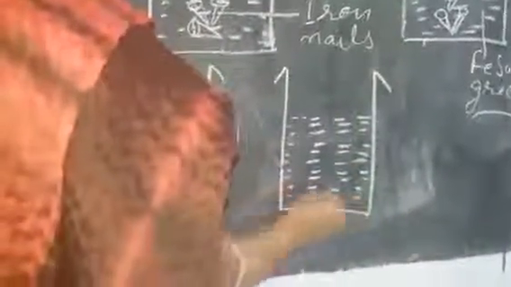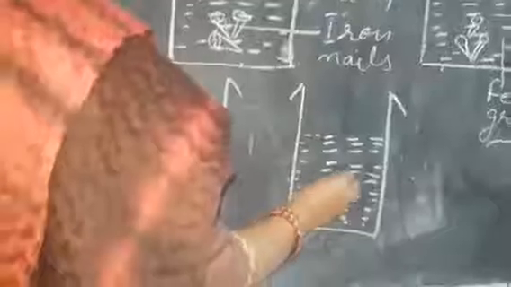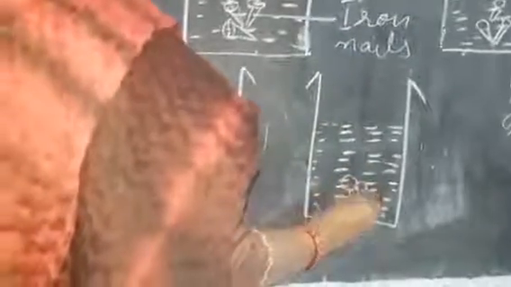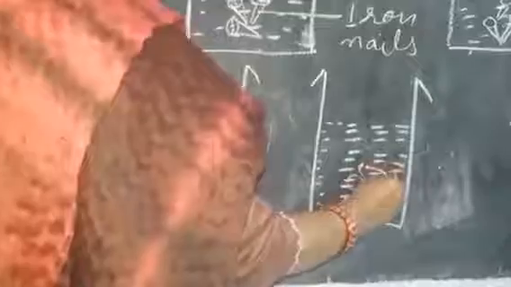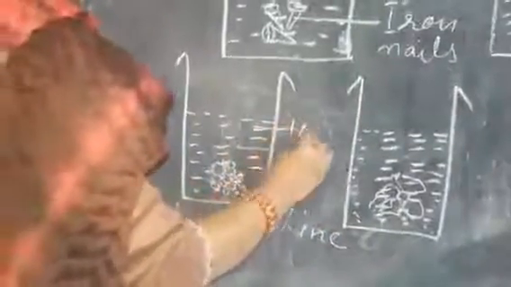Okay. If you have any doubt, then contact me on my personal number, or ask me in the virtual class also. Okay, that is zinc granules and H2SO4, and after some time, after reaction, this zinc sulfate will form, that is colorless.